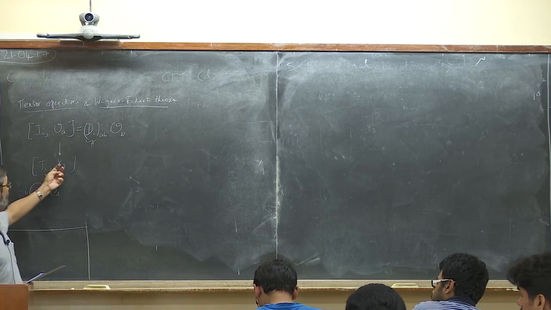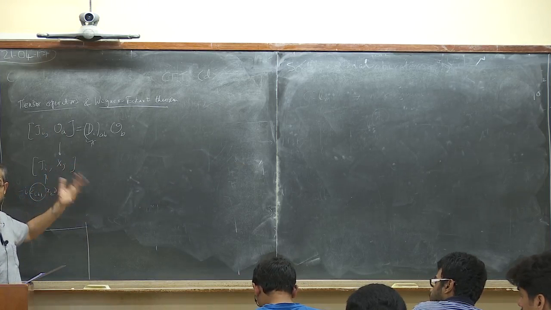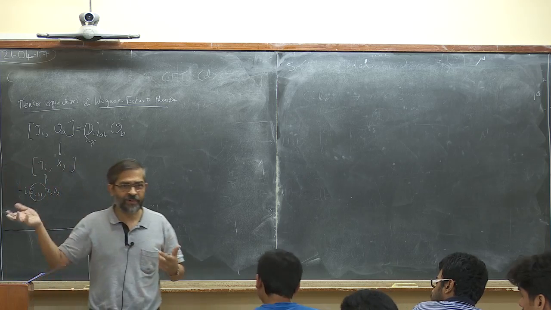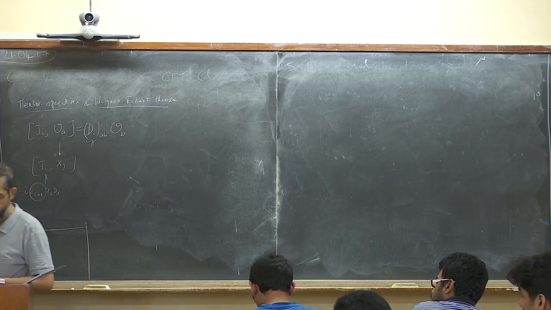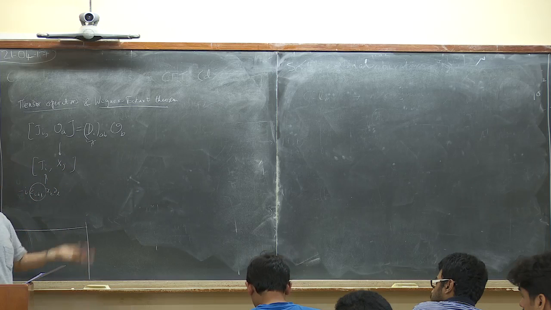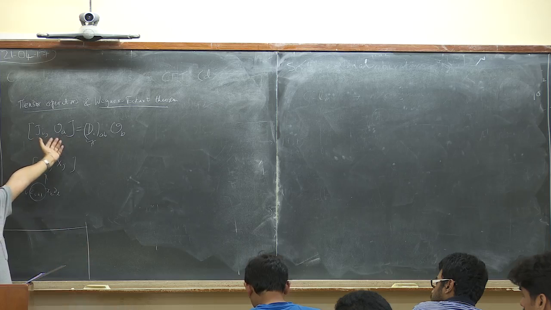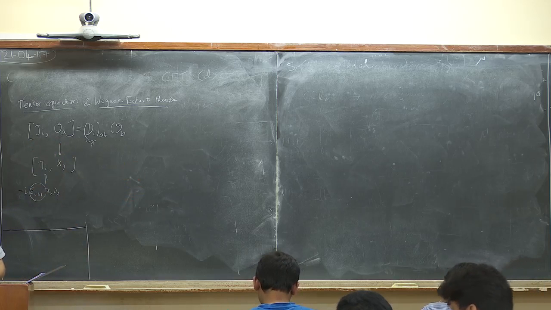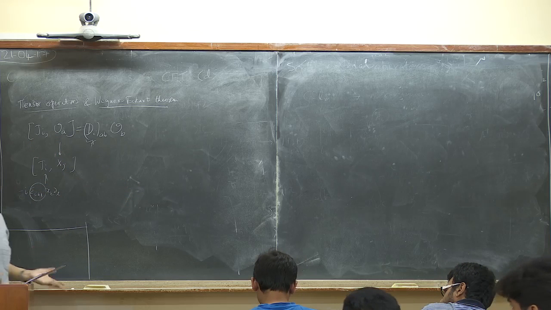Of course, you can have x_i x_j, like the moment of inertia tensor and various other interesting objects obtained by taking tensor products of x's, or you can have a spin operator. So far we have been thinking of spinors as wave functions, but you can have spin as an operator.